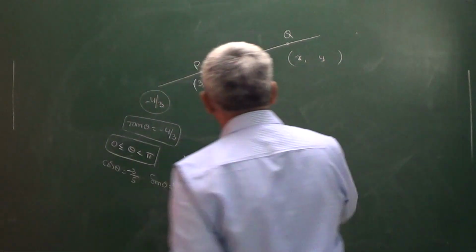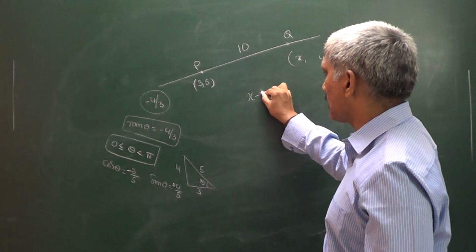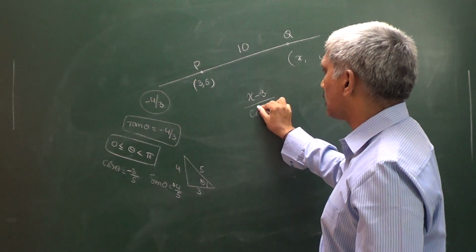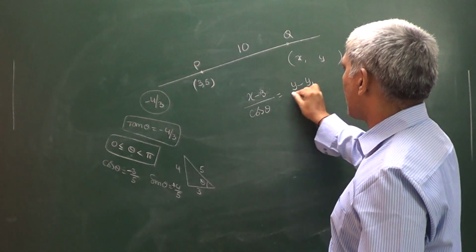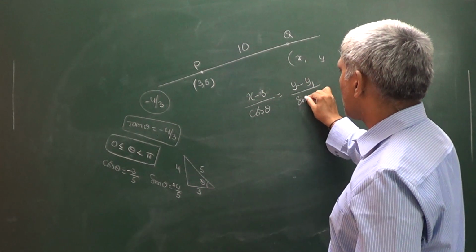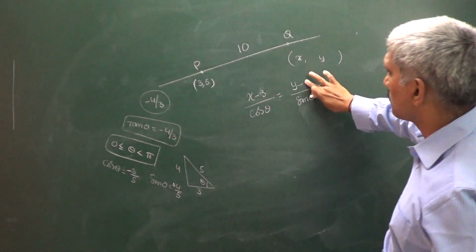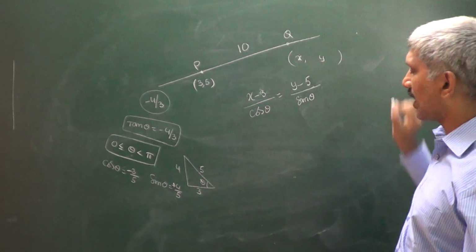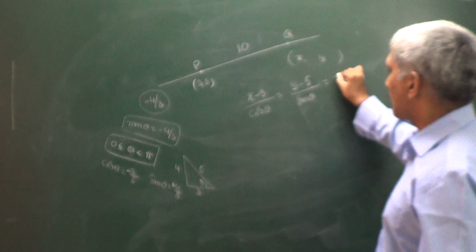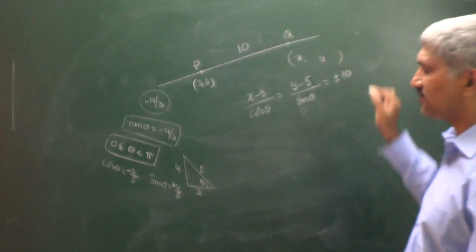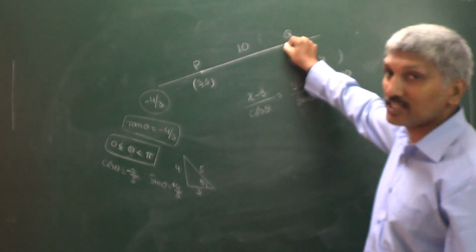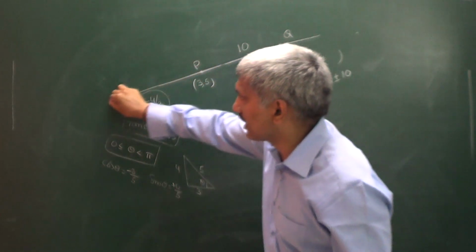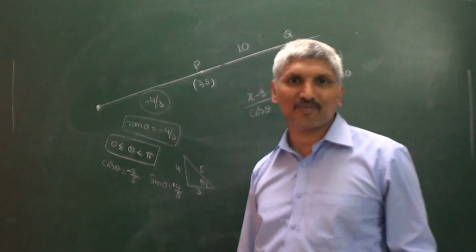Now I can write (x minus x1) by cos theta is equal to (y minus y1) by sin theta, where (x1, y1) is nothing but the point (3, 5) given, is equal to plus or minus 10. With the plus 10 you will get a point this side, with the minus you will get a point this side. Two points are possible.